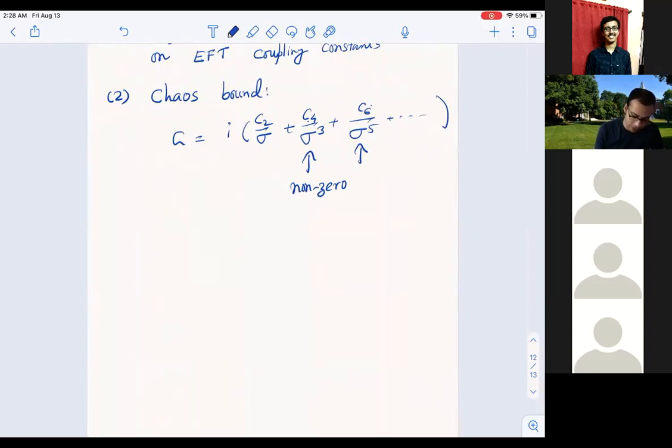But as we see here, there are terms that grow faster than 1 over sigma, and their coefficients are strictly positive. So obviously, one can ask, is there a contradiction?